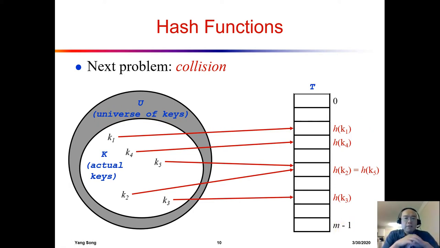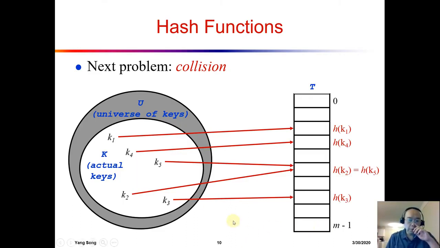In this case, we have to map the keys to the possible slots in the hash table, and collisions may happen. The reason is there are more possible keys than available slots, so eventually we will have collisions. That's guaranteed.